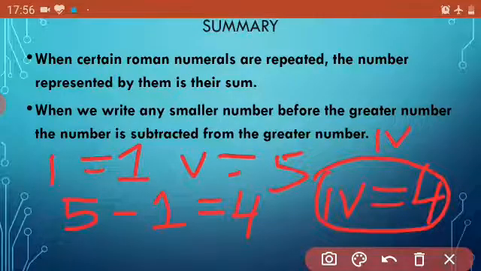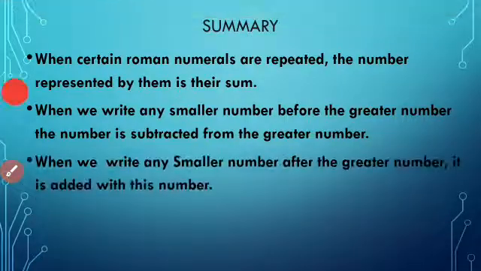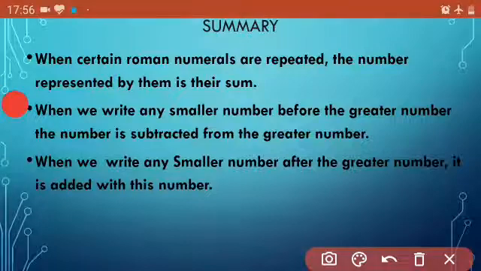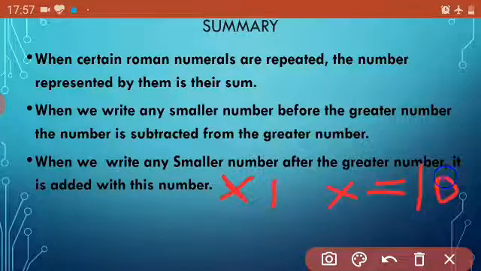When we write any smaller number after the greater number, it is added to this number. For example, X is the greater number, I is the smaller number, XI. You know, X stands for 10, I stands for 1.